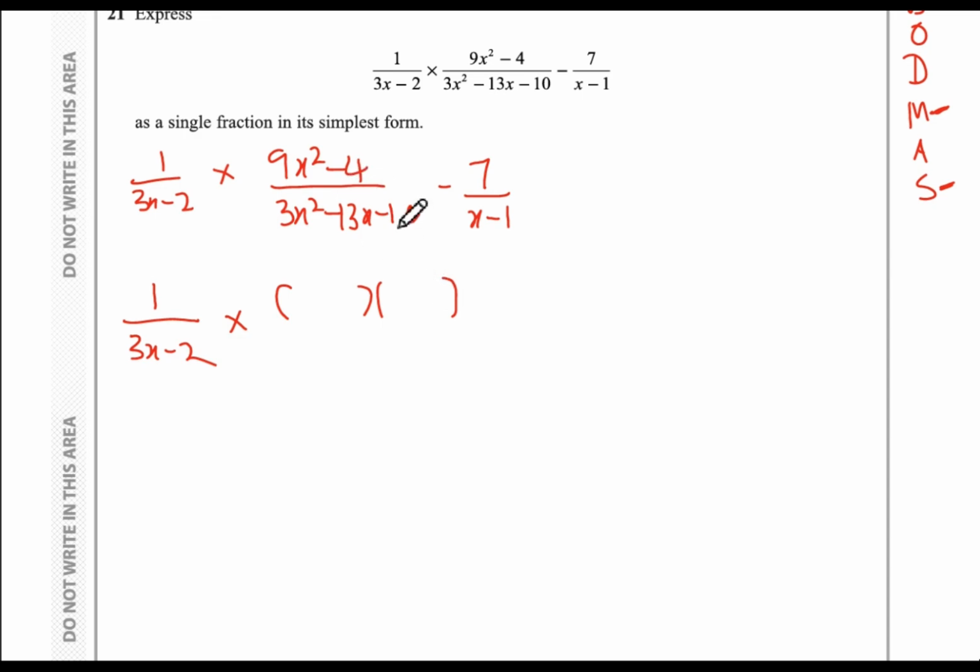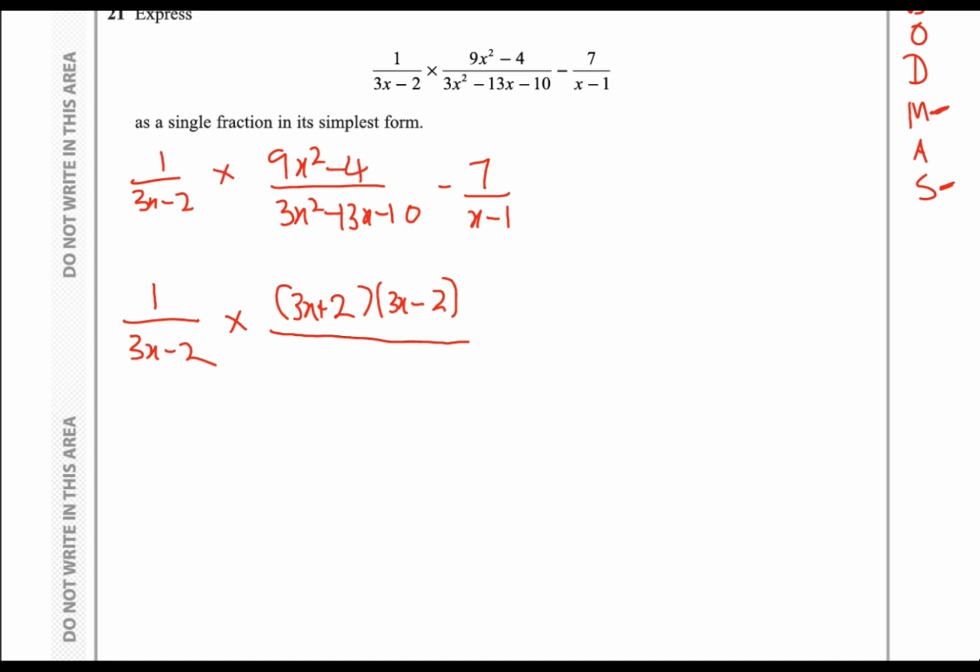Why 3x? Because 3x times 3x gives me 9x squared. We put plus in one and minus in the other, and to each of the factors, what do we put? The square root of the other number, square root of 4, which is 2. So I have 3x plus 2 and 3x minus 2 over this quadratic.